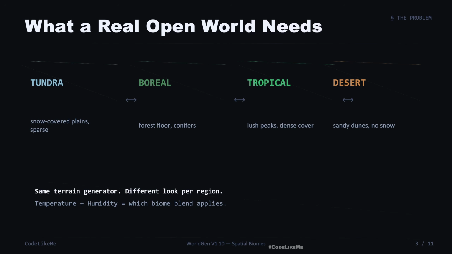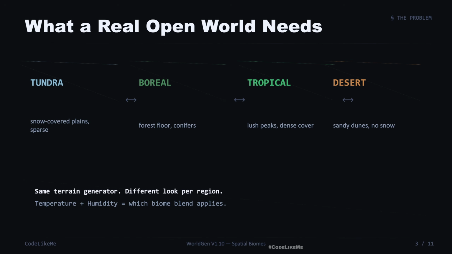So these are the areas that we have: tundra, snow-covered plains; boreal, sparse areas like forest and conifers; and tropical, lush peaks, dense cover; desert, sandy dunes, no snow. These are the different types that I have tried to create here. These systems are driven by two things: temperature and humidity.